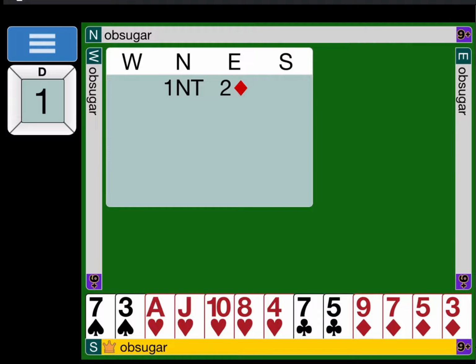We were hoping to drop our partner in 2 hearts and get out of the bidding with this 5-point hand. So what we need here is a simple drop bid that says, partner, don't you dare bid any further. I've got nothing. You've told me what you had. My best evaluation, knowing what your hand is, is to just bid 2 hearts. But it has to also convey the message that we don't have enough points to go further.